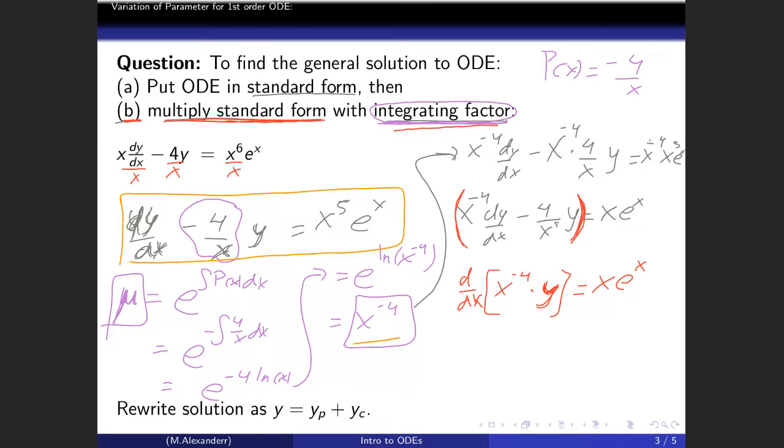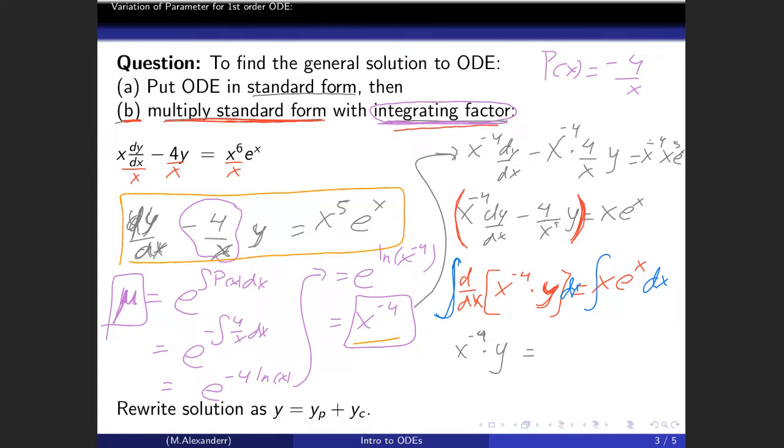Now that we have this, we are going to integrate with respect to x everywhere. On the left side, the integral and the derivative cancel out. And so on the left side, you get x to the -4 multiplied by y.